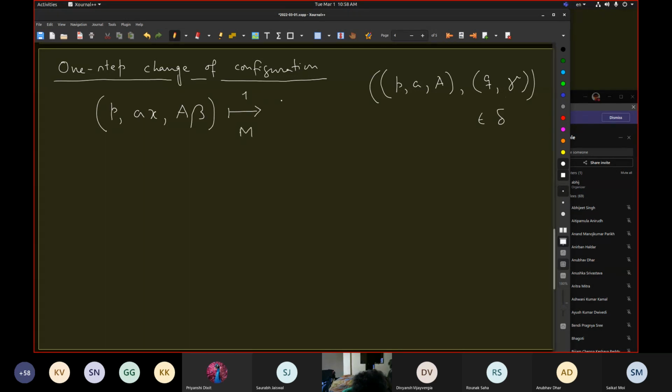In one step, the configuration changes to Q, X, gamma, beta. That's natural, right? It consumes that A, which may be epsilon, from the input, replaces A by gamma, and the state changes from P to Q. So that is a one-step change in the configuration of the machine.